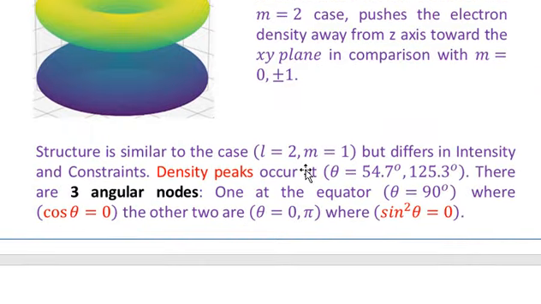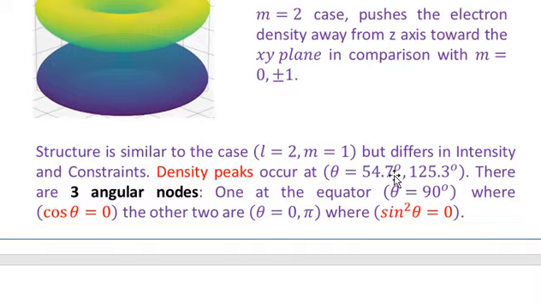The structure is similar to the case L is equal to 2, M is equal to 1, but differs in intensity and constraints. Of course, there are constraints on the amplitudes which are different from the previous case, and the intensity values will also be different from the L is equal to 2, M is equal to 1 case. So the density peak occurs at these values, 54.7 degrees and 125.3 degrees.